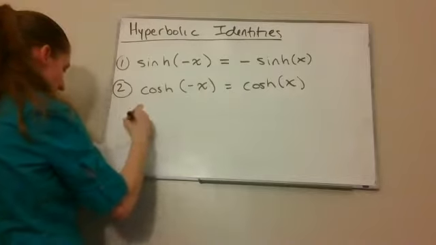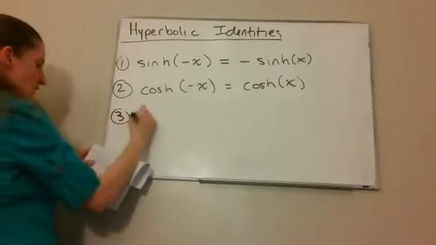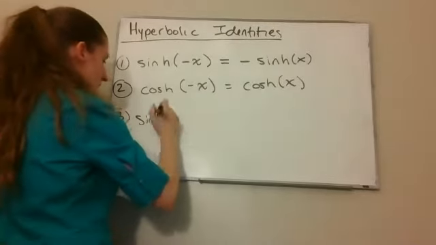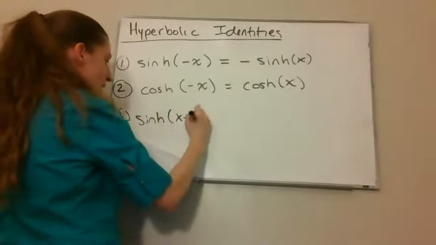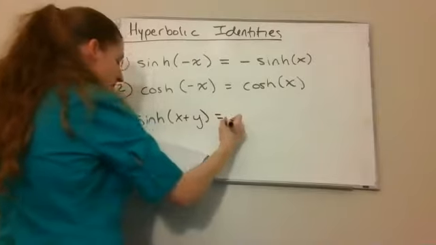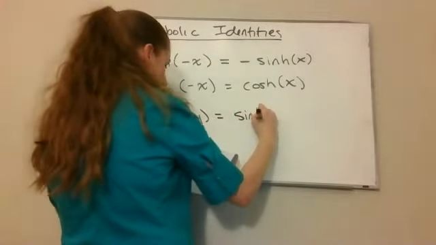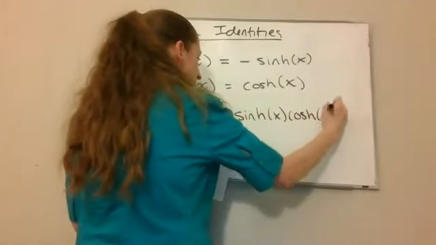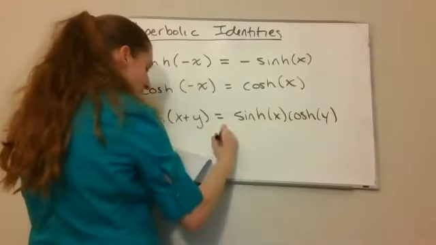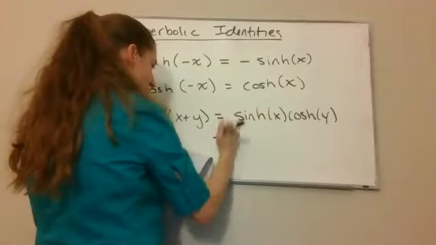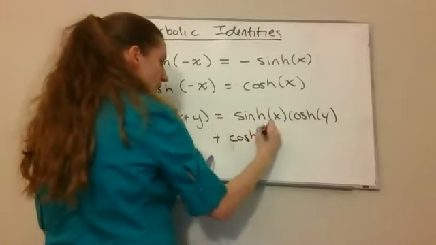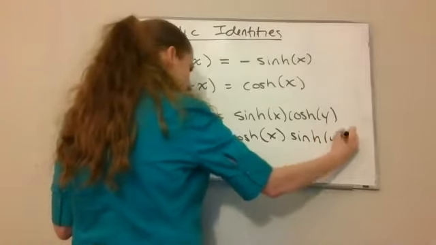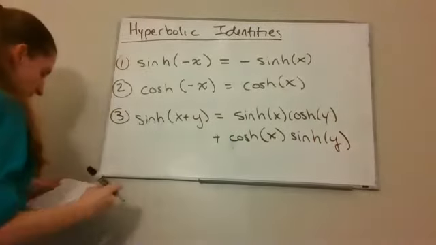Here's one: hyperbolic sine of x plus y is equal to hyperbolic sine of x times hyperbolic cosine of y, plus hyperbolic cosine of x times hyperbolic sine of y.